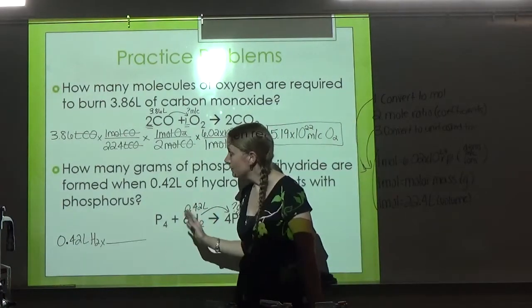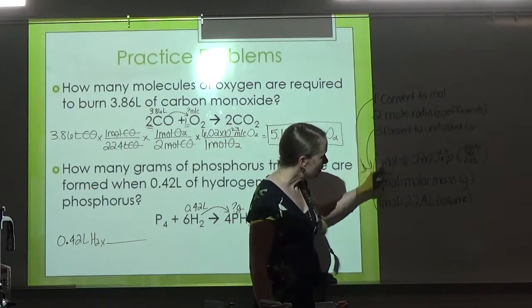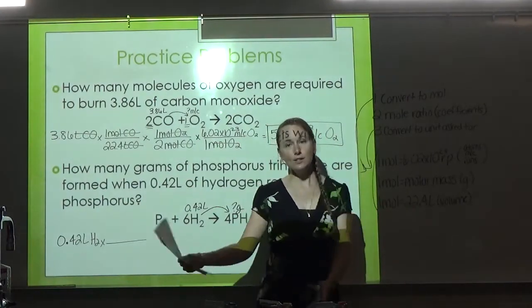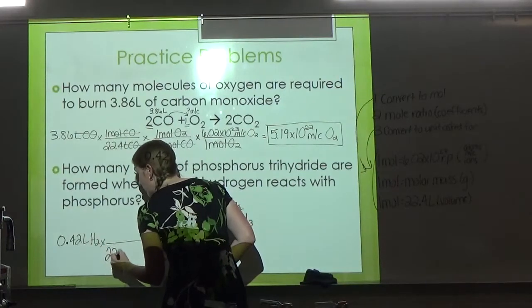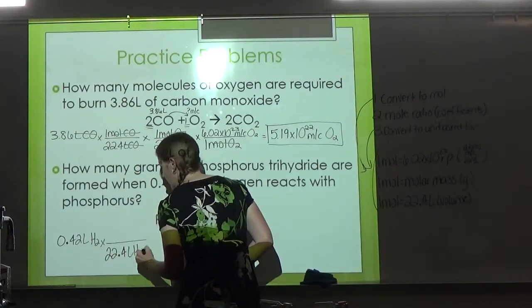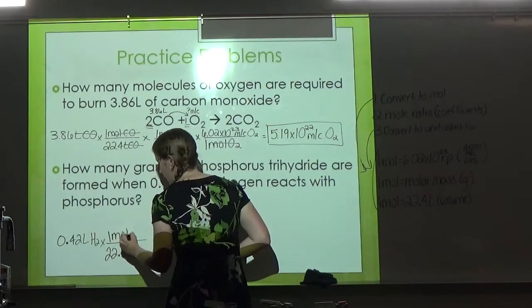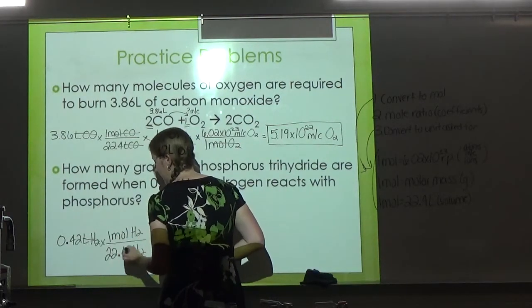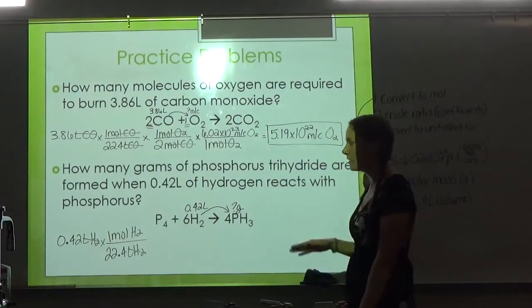So we're starting with liters. I got to convert to moles. So I look over here. I use 22.4 liters to get to moles. So because my liters is on top, I put my 22.4 liters on bottom. And that, of course, equals 1 mole. All right, so my liters of hydrogen cancel. Sorry about that. Not using molar mass for step 1.